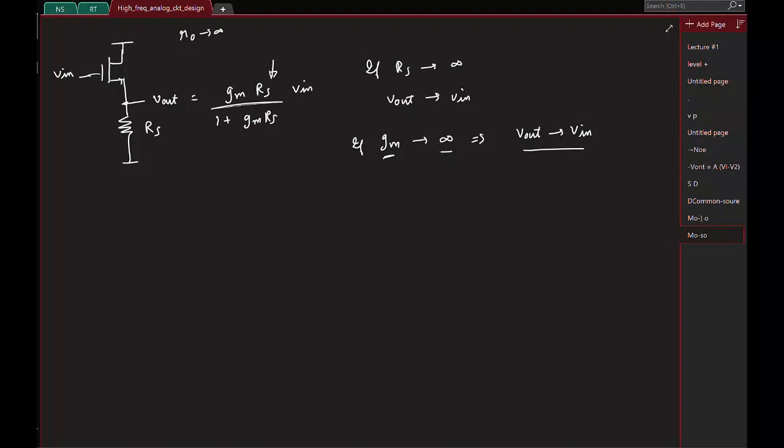The other way is, if I have V in and V out, I know that the output voltage is some finite voltage, which means I am going to have a non-zero drain current flowing in the transistor. And what is the drain current with respect to the gate to source voltage?